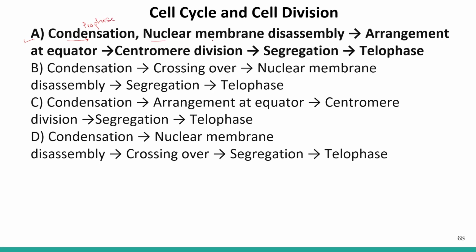Then nuclear membrane disassembly, again at the end of prophase. At the end of prophase, we see the nuclear membrane disassembly. Then arrangement of the chromosome at equator. This is seen during the metaphase.